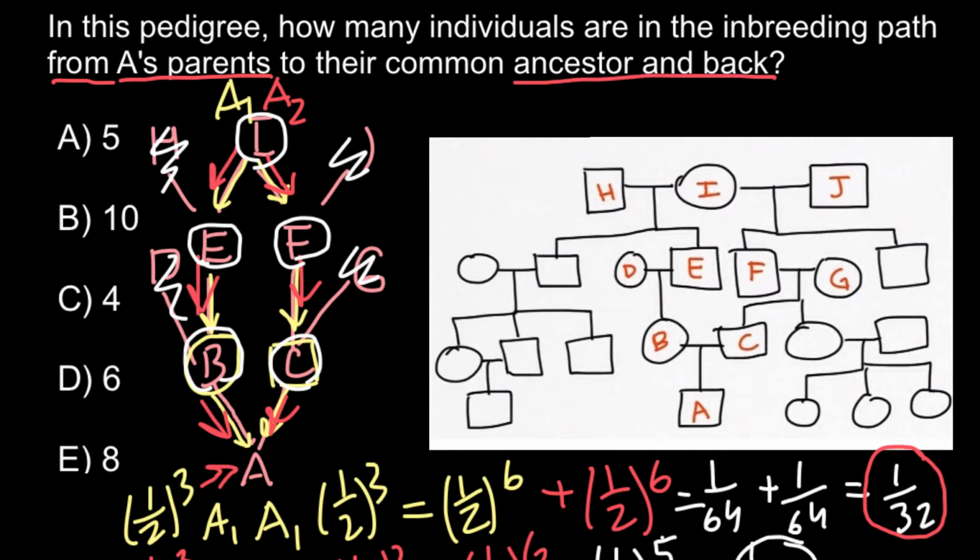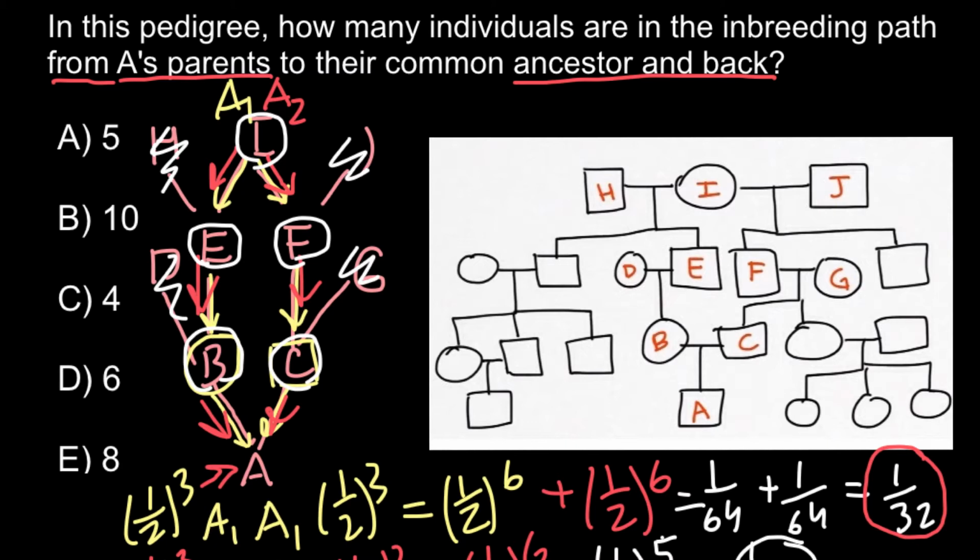And as you see, if we wouldn't include these parents of A, then we are going to get 3 nodes, or 1, 2, 3, 4 paths.